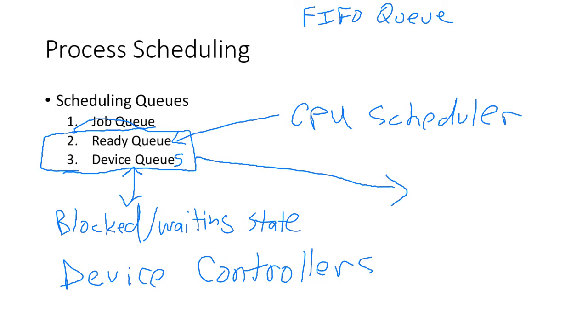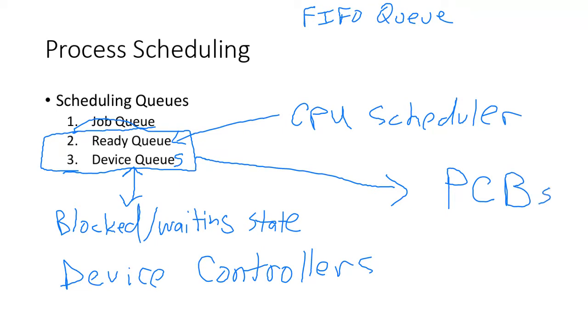I haven't talked about the job queue yet, I'll get to that. But you don't actually create a data structure like you do in an application program. It all has to do with the process control blocks.